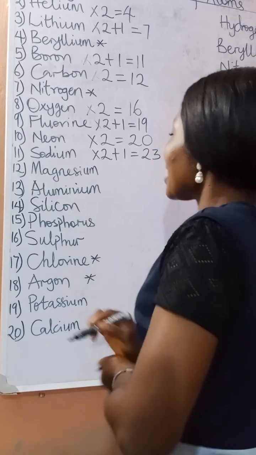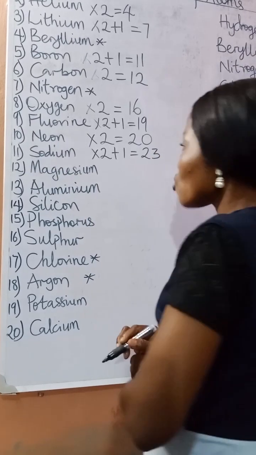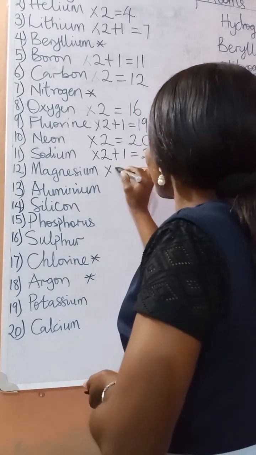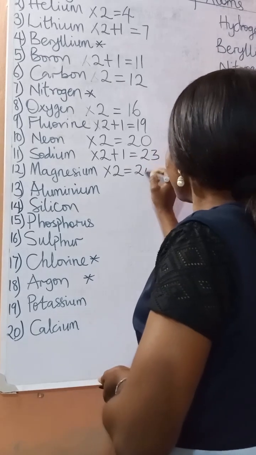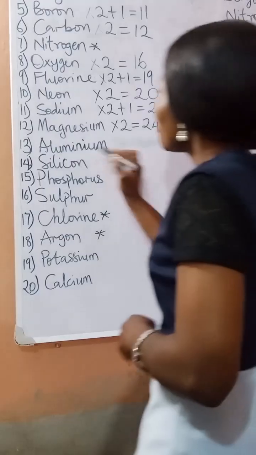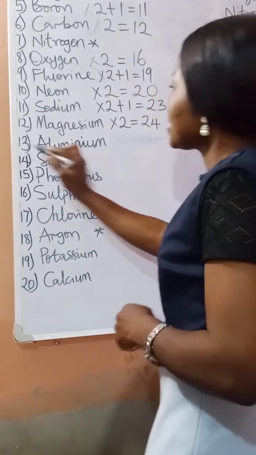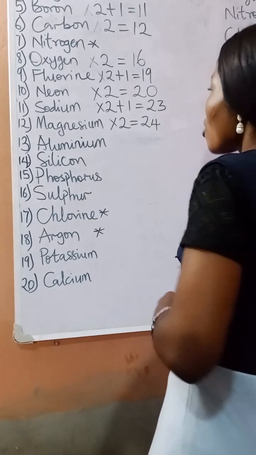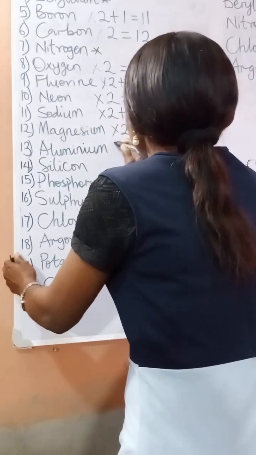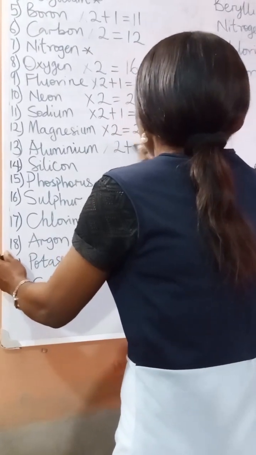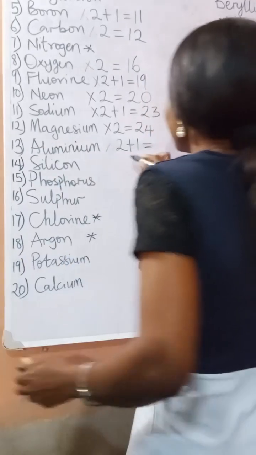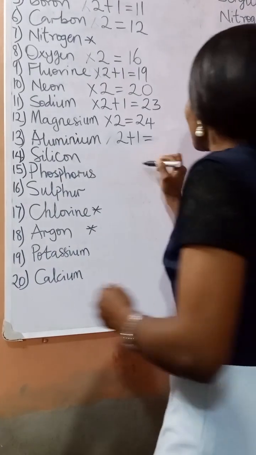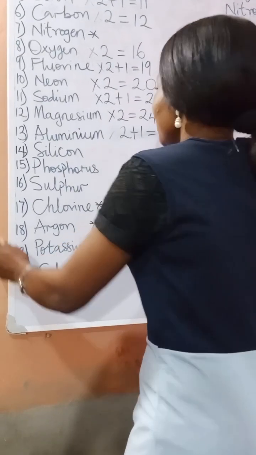Magnesium, the atomic number of magnesium is 12. 12 times 2 is equal to 24. Atomic number of aluminium is 13. That is an odd number, so times 2 plus 1. 13 times 2 is 26, plus 1, 27.